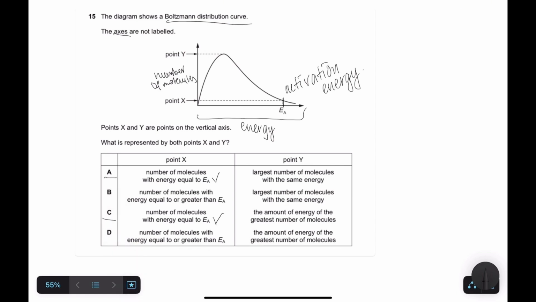And point Y shows the largest number of molecules with the same energy. It is not the amount of energy of the greatest number of molecules, because we can't see the energy from here. We can see the energy from here. So the answer is A.